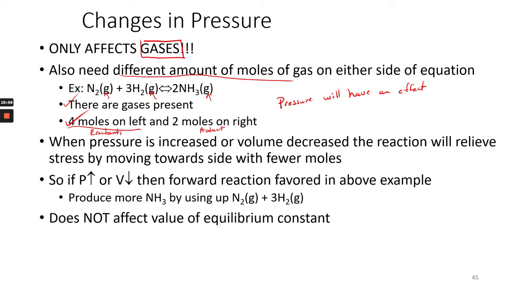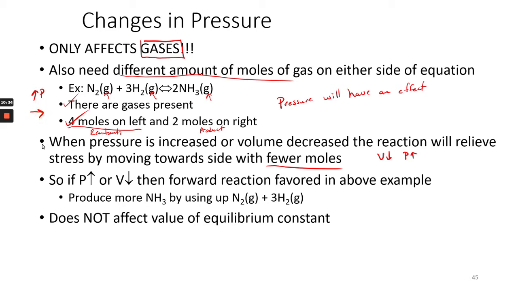So how will it affect it? Well, when pressure is increased, or another way of saying that, volume is decreased, right? If the volume of your container decreases, your pressure increases. The reaction will relieve this stress by moving towards the side with fewer moles. So look at my reaction here. If I increase the pressure, it will move towards the side that has fewer moles, which is the products. So my reaction will shift forward.